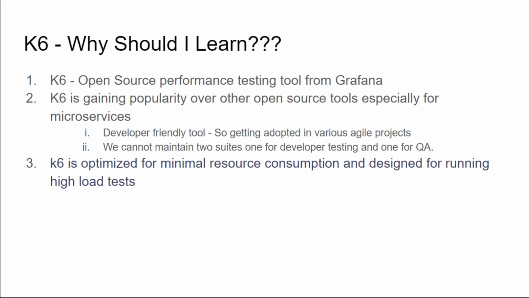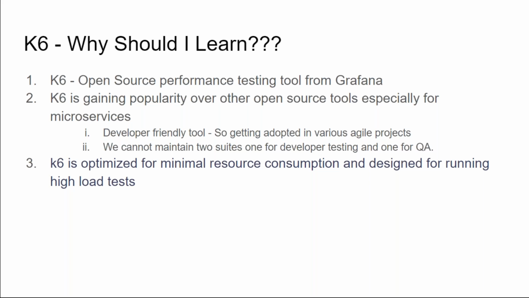Slowly and steadily, the project teams and your development team started understanding the benefit that K6 is going to provide them, and that is also one of the reasons why it is evolving and getting used so widely.